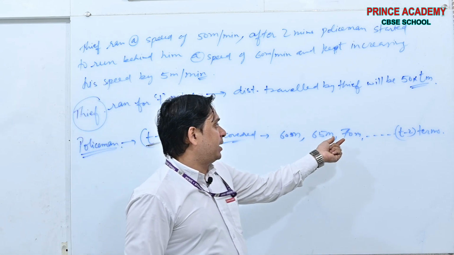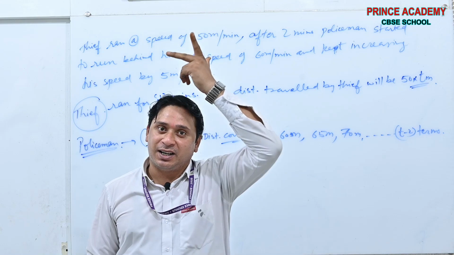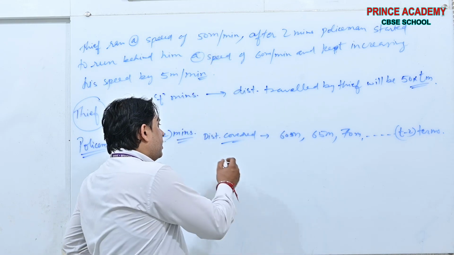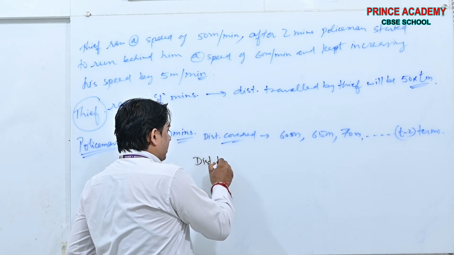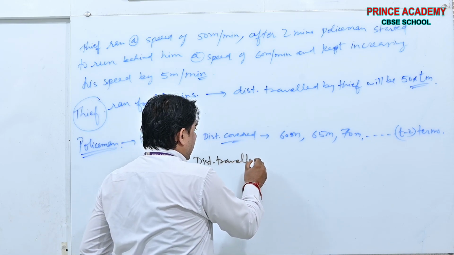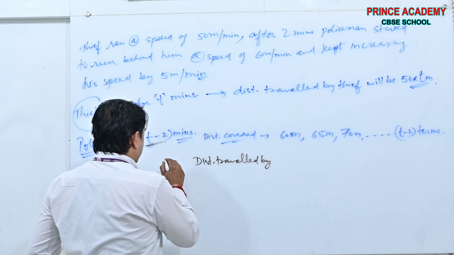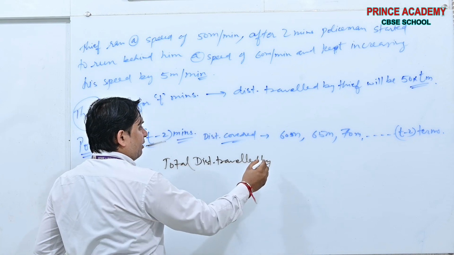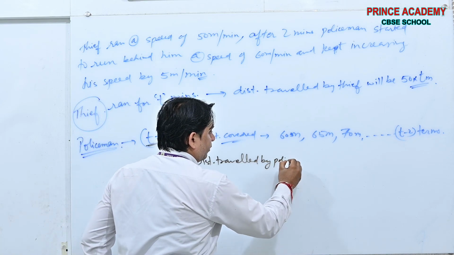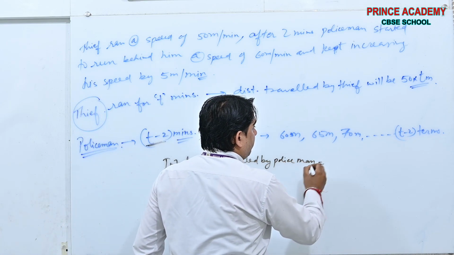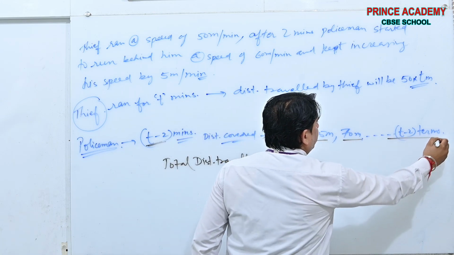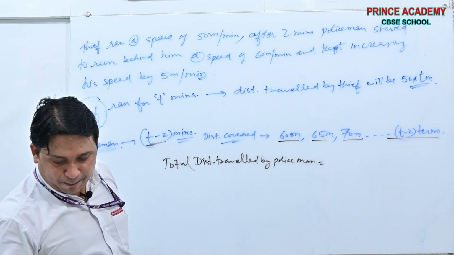First minute, second minute, third minute, up to T minus 2 minutes. Done? Now see, the total distance traveled by the policeman will be, here this is an AP. Yes or no? This is an AP.